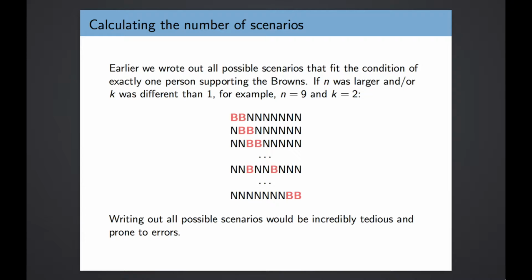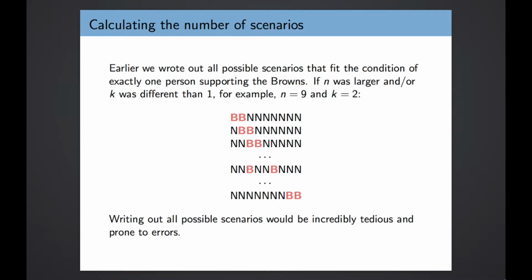There were 4 possible ways in which only one of those 4 people supported the Browns. In other binomial distributions, where the number of trials and the number of successes that we're interested in are different, especially when they're higher, this gets a lot more complicated. So for example, let's say that we wanted to survey 9 people about whether they supported the Browns, and we wanted to know the probability that out of 9 people, exactly 2 would support the Browns.